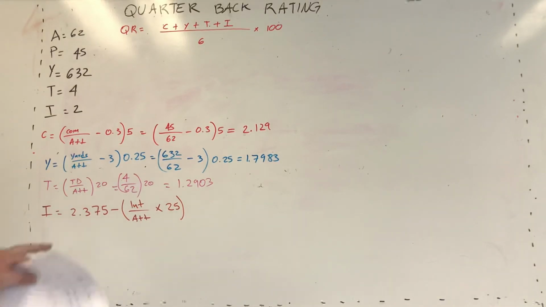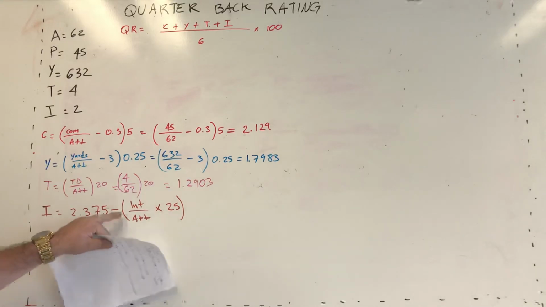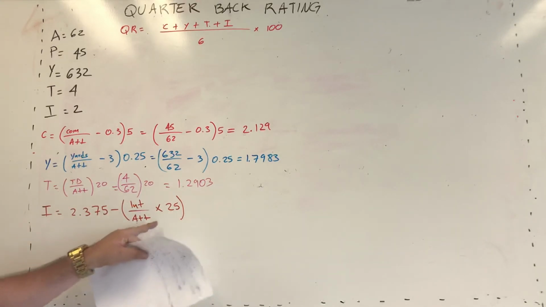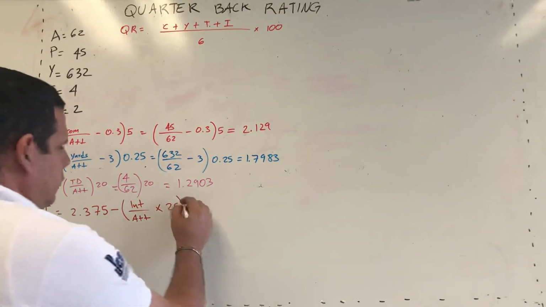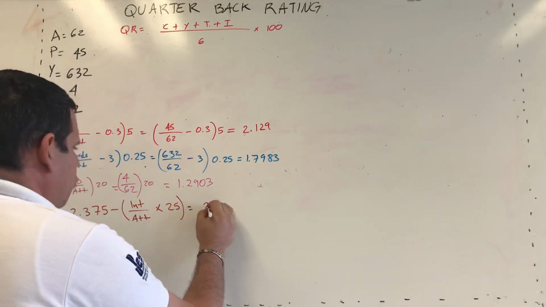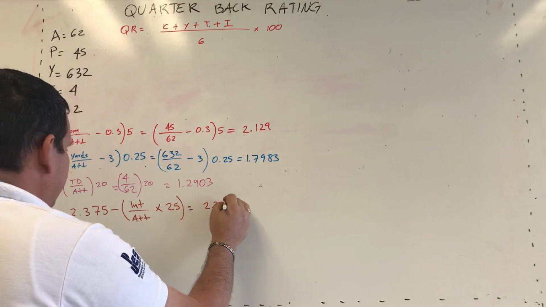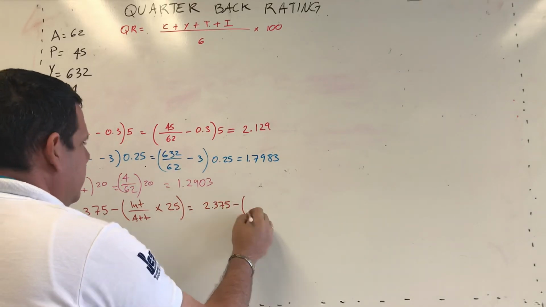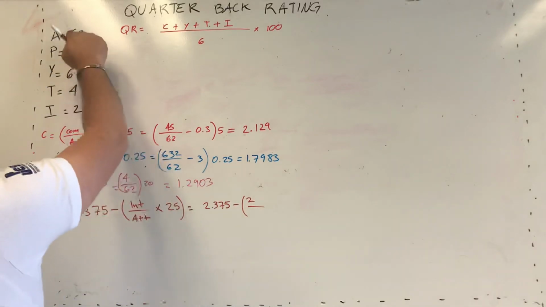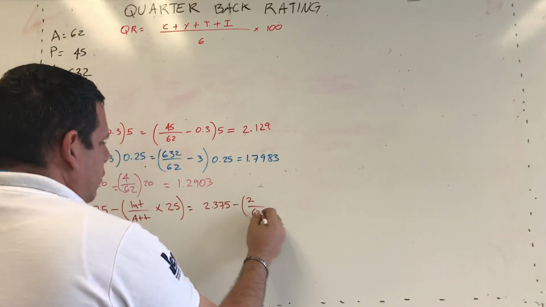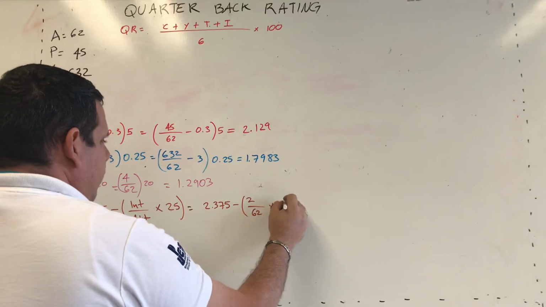Now the interceptions. The interceptions, 2.375 minus interceptions divided by attempts times 25. This is 2.375 minus interceptions, we have 2, attempts, we have 62, times 25.